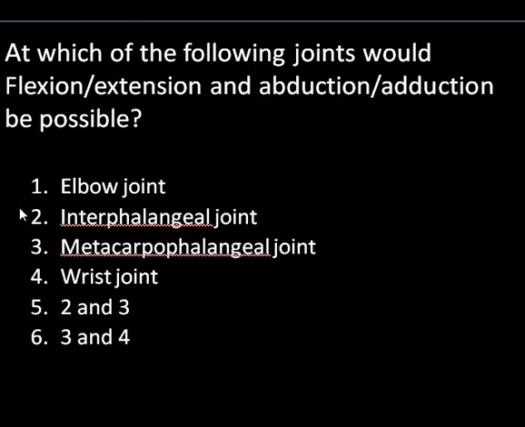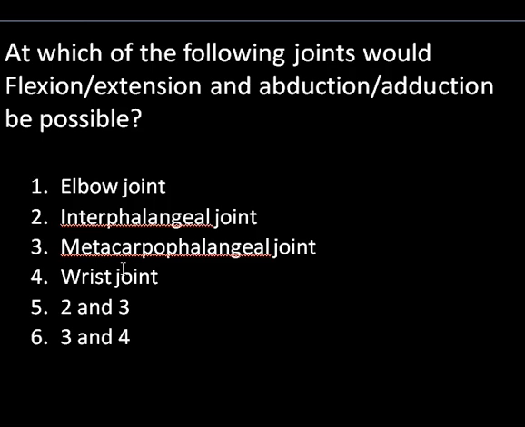Now let's look at this first one, which asks you, at which of the following joints would flexion and extension and abduction and adduction be possible? When you look at the possible choices, you are given elbow joint, interphalangeal joint, metacarpophalangeal joint, wrist joint, and then a combination.